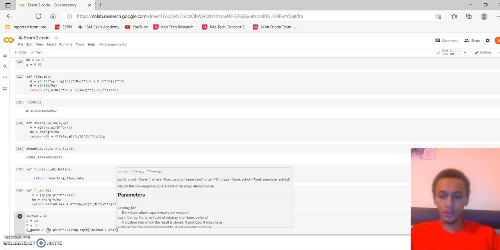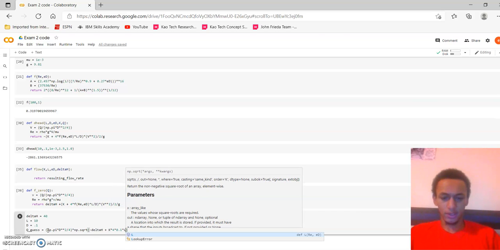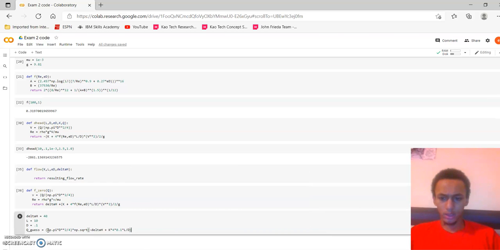Instead of the Reynolds number and relative roughness, we're going to make a guess, like we said earlier. And this guess is going to be 0.1, which is a fairly good guess for F. And then it's times L divided by D, and this whole thing is divided by 2g.